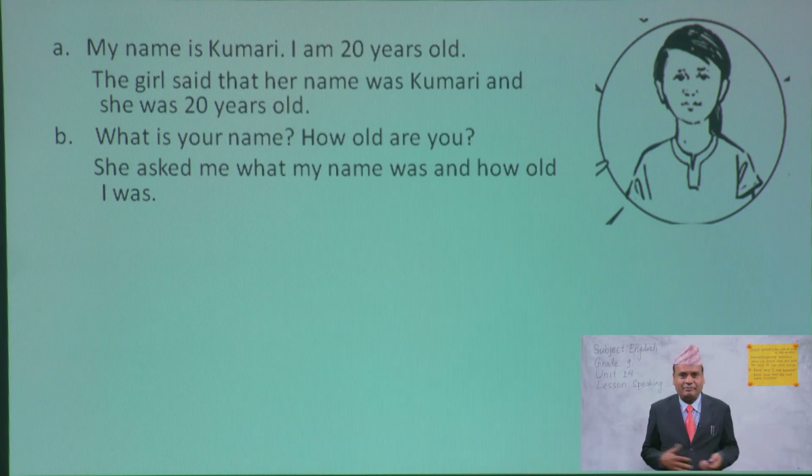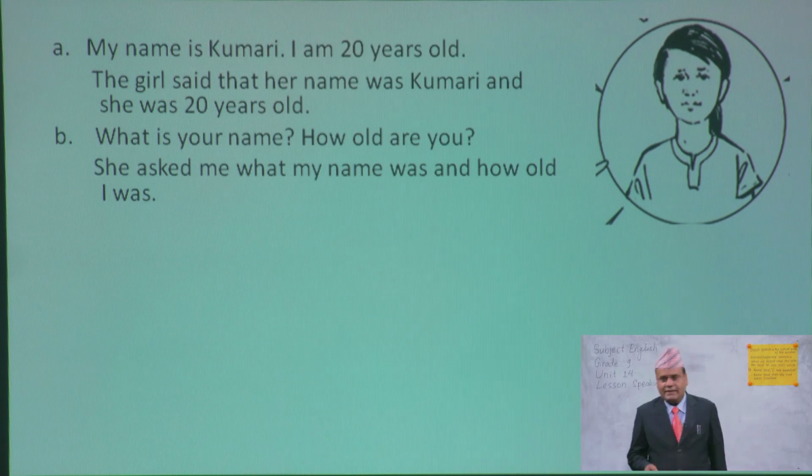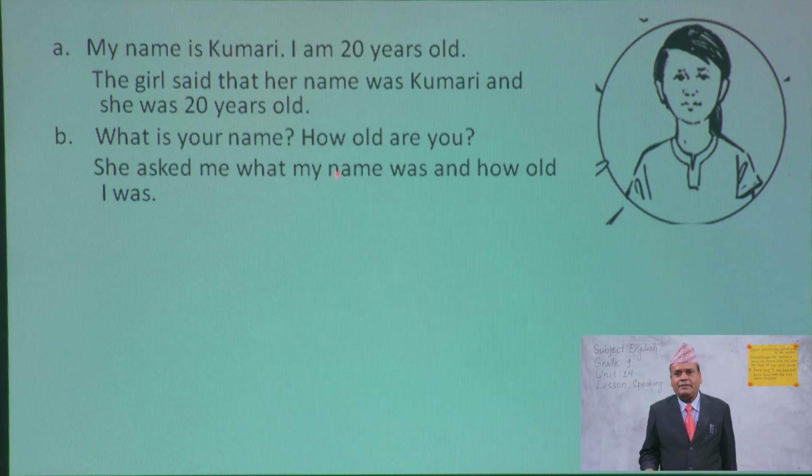But when we report that sentence into indirect speech, at that time we use asked because this is a question. As it's a question, we use asked, and what my name was, this is past, it goes to was. And this is not a direct question. This is an indirect question.